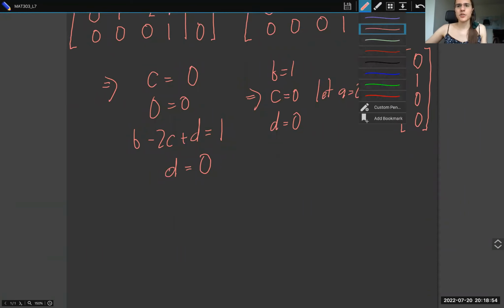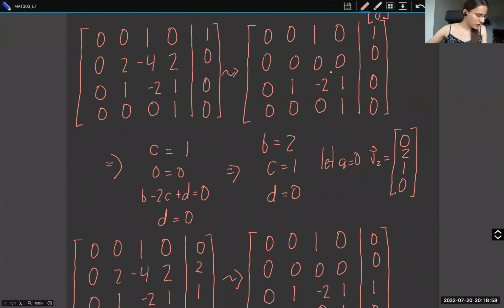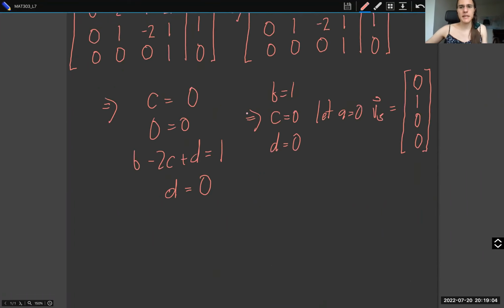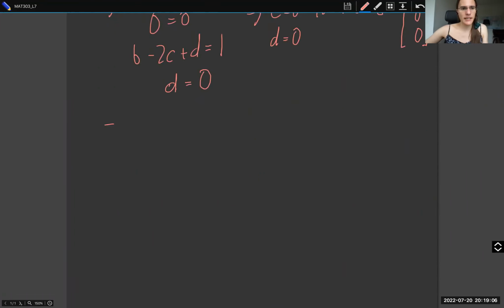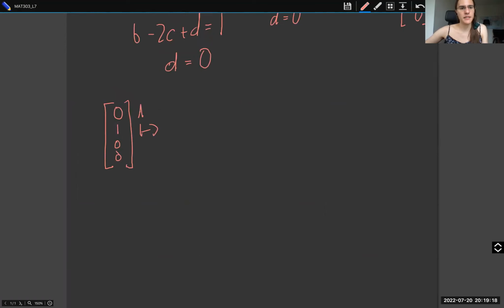Okay, so in summary, we have V1, V2, and V3. And just to write them down, what they look like is 0, 1, 0, 0, which gets sent to 0 by A minus I, sorry, A plus I. I should write that in blue, that's how I've been doing it.